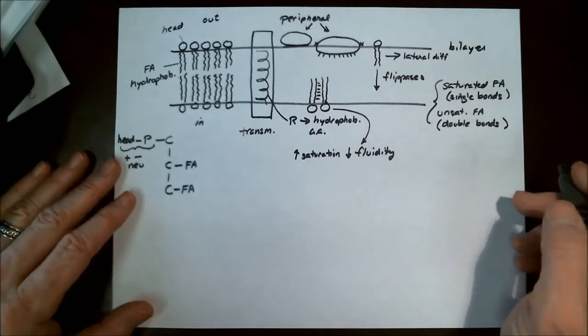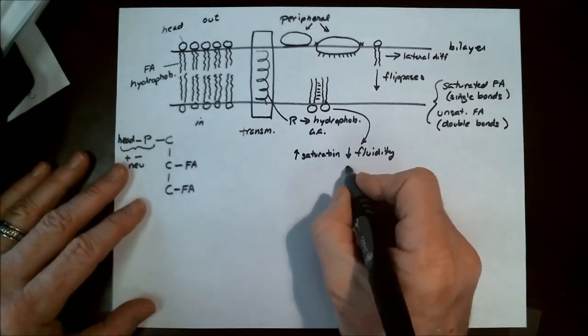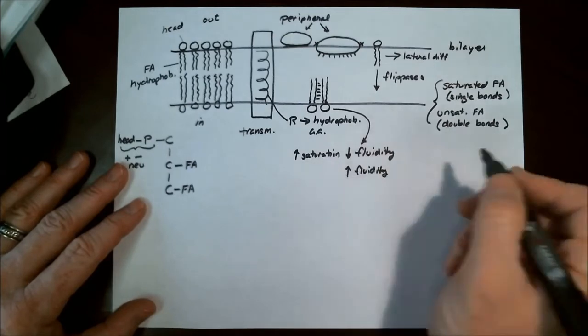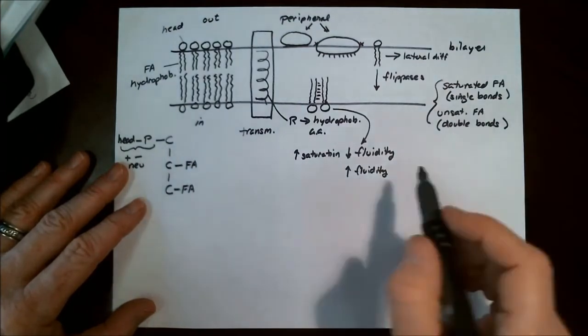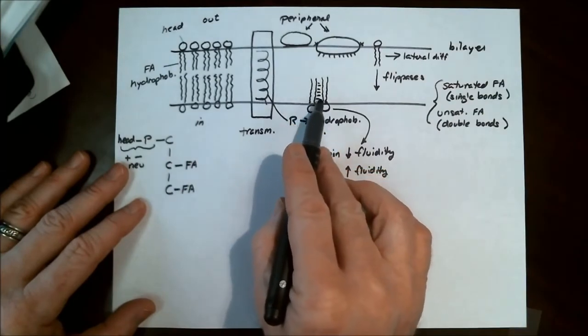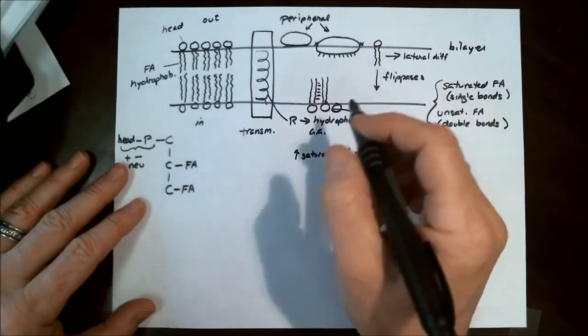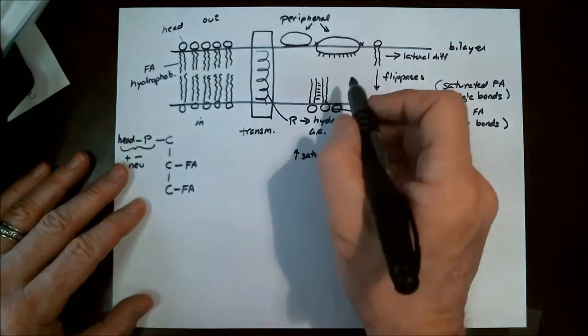Now, in order to increase the fluidity, we have to introduce something that will disrupt all of these well-formed hydrophobic bonds. This is where our unsaturated bonds come in.